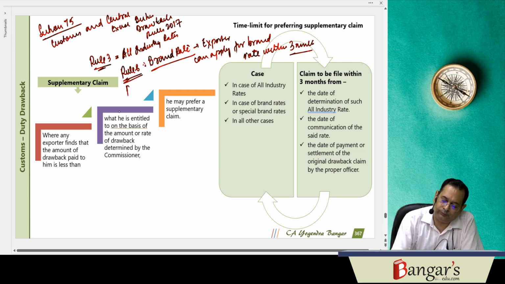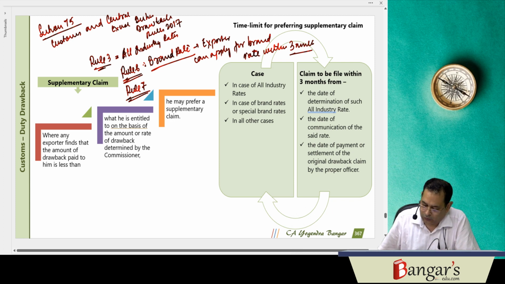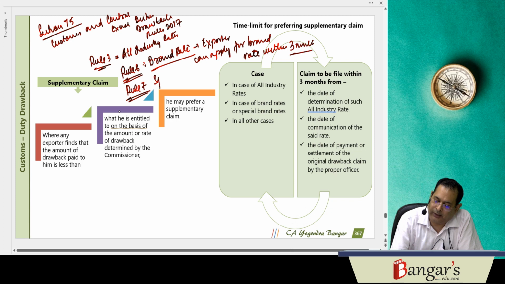Then rule 7 is dealing with what? The special brand rate. Rule 7 is special brand rate.